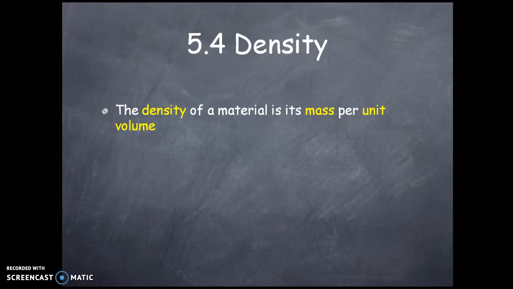The density of a material is calculated by mass per unit volume, and density is denoted by the letter D. So D equals M over V, and its units are kilograms per meter cube or grams per centimeter cube.